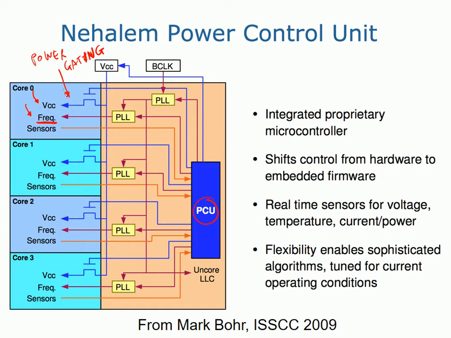Okay, and in order to do that, you need to know at every time what is the temperature of the core, because the static power consumption depends a lot on the temperature, and therefore if you want to control the static power consumption, you need to adjust the supply voltage of the core as a function of the temperature at which the core is. Okay, so everything is becoming really complicated.